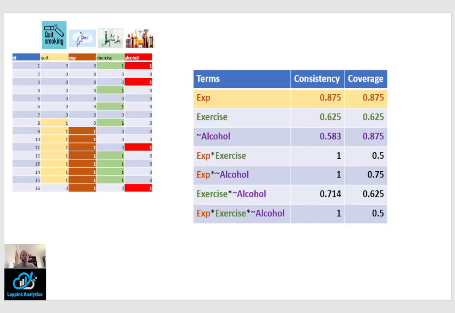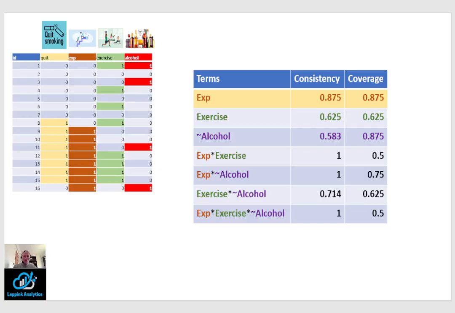Consistency values closer to 1 are desirable because it means there are fewer exceptions to the rule. And consistency values below 0.75 or even below 0.8 are generally not considered sufficient.